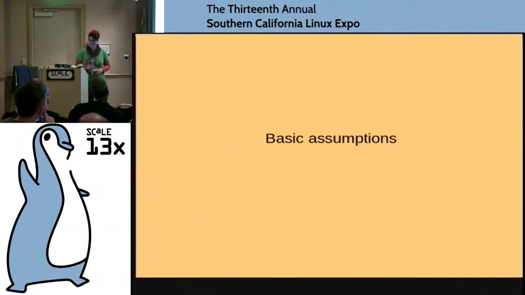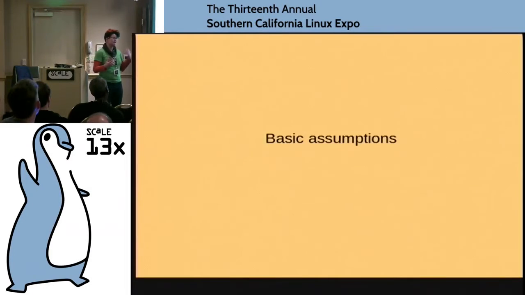Some basic assumptions with this talk. This is really geared towards third-party client libraries. You can use many of the principles if you have an API and libraries that you maintain yourself, but I'm going to assume that you're dealing with someone else's API. I'm not going to get into any hairy details of RESTful versus non-RESTful, but if it's a question, just assume I'm talking about a RESTful API.